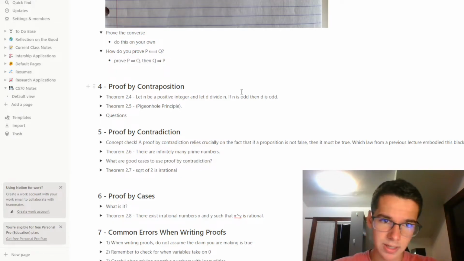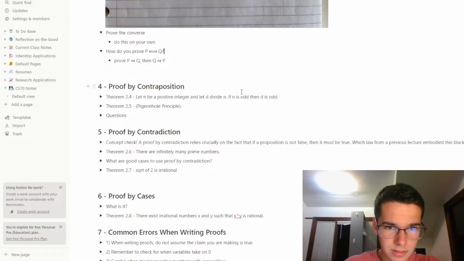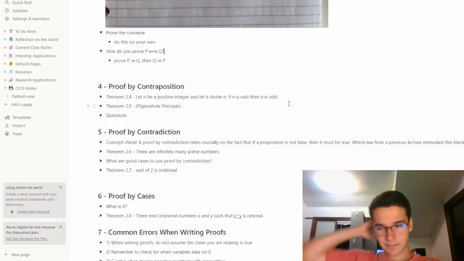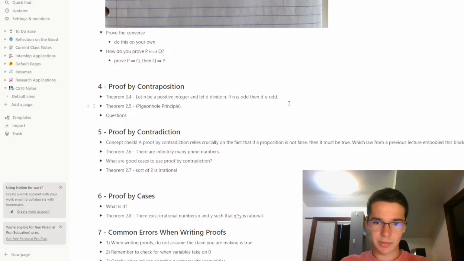But we're going to use that to prove theorem 2.4, which says that if there is a positive integer n that is divisible by d, then if n is odd, then d is odd. So I'm going to switch over to Paint to work on this one. We're just going to make a note.